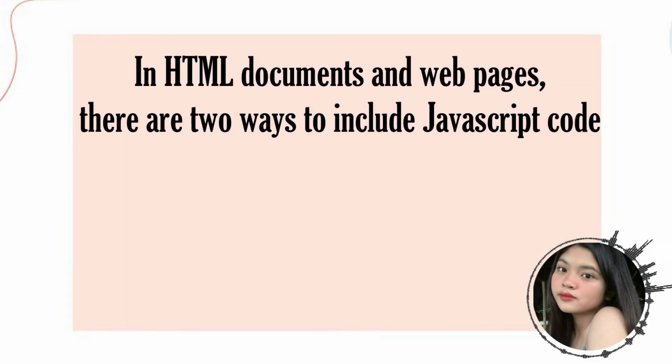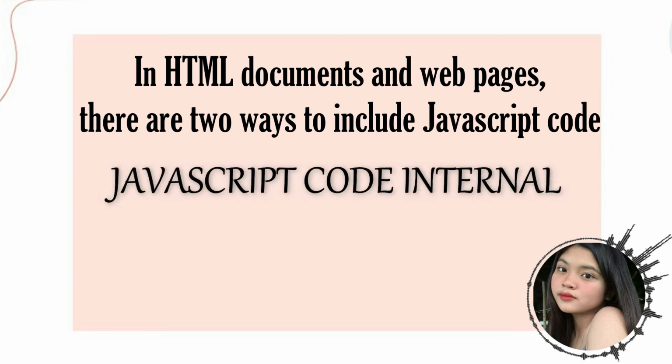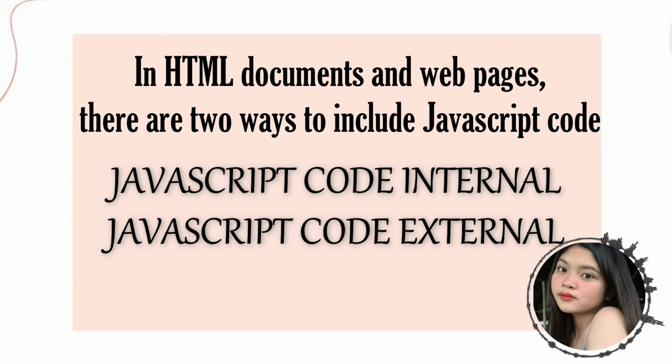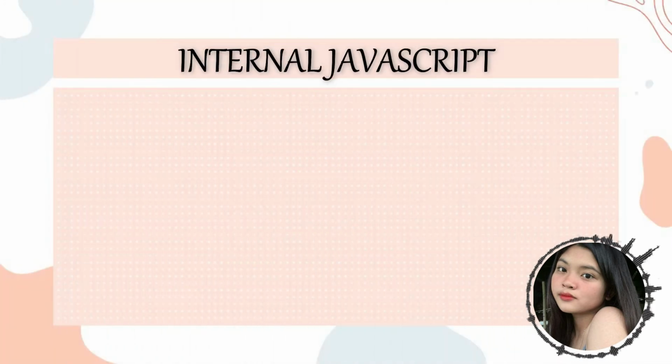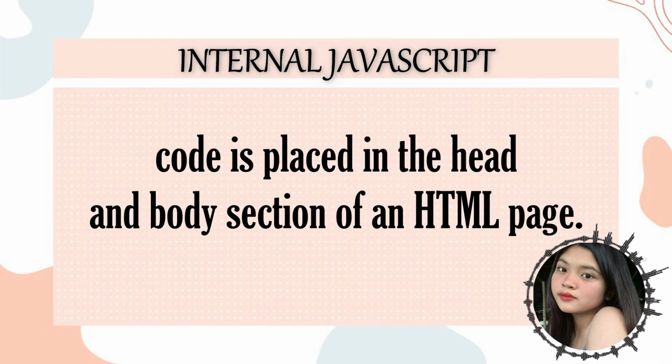In HTML documents and web pages, there are two ways to include JavaScript code: internal or inline JavaScript code, and external JavaScript code. In internal JavaScript, code is placed in the head and body section of an HTML page.